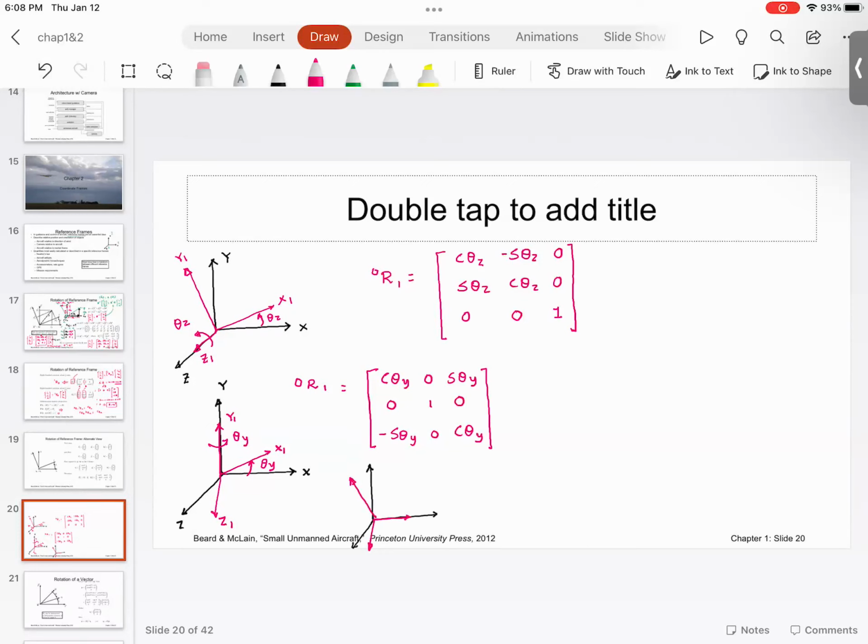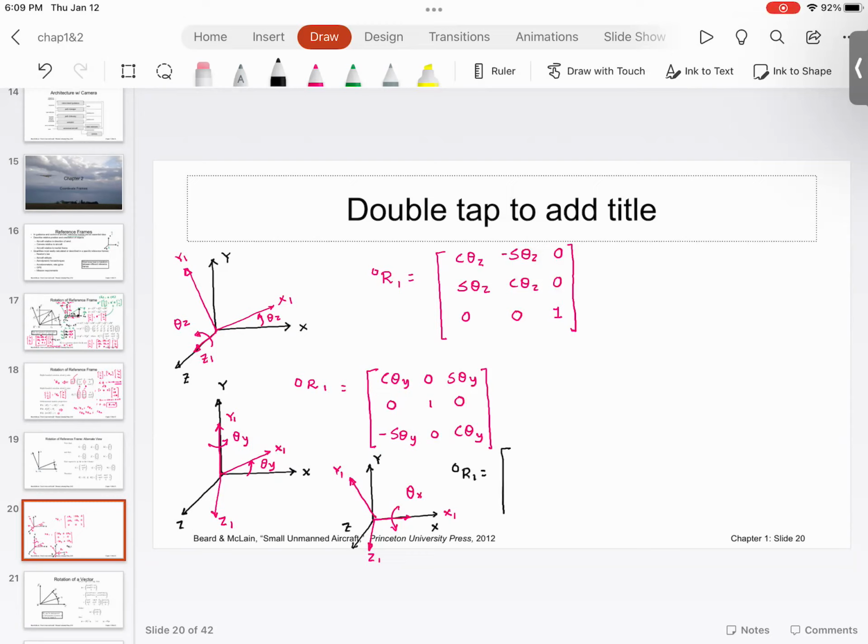So this is theta x. And the rotation transformation here is going to be 0 R1.